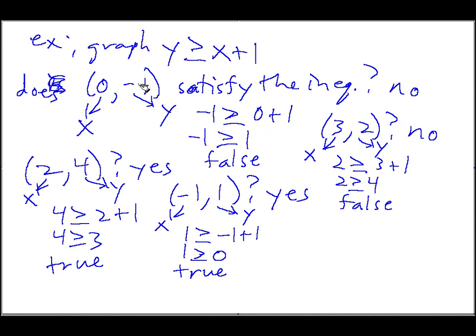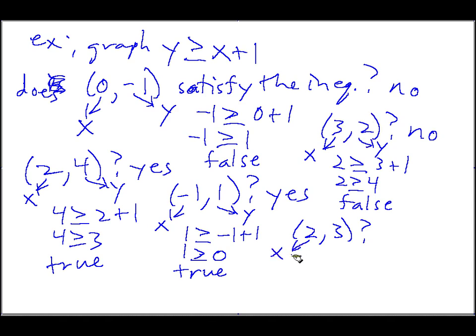So we have 2 points here that do not satisfy the inequality, and we also have 2 points that do satisfy the inequality. Let's test one more point here. How about 2, 3? Does this point satisfy this inequality? Well, again, let's check that. I'm switching the 3 and 2 around, essentially.